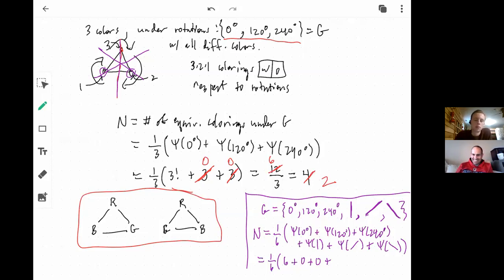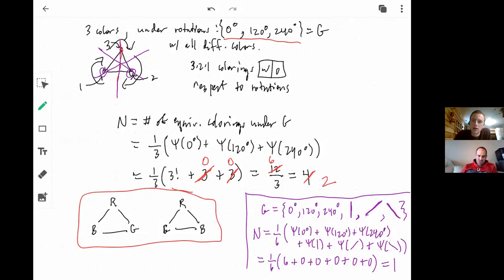The bottom 2 vertices would have to be the same color, and that's not even something we would consider. And by the way, the same thing's going to happen with the other 2 reflections. So it's 0 plus 0 plus 0. So what do we end up getting for the answer here? 1. So there's one non-equivalent coloring if we include the reflections.